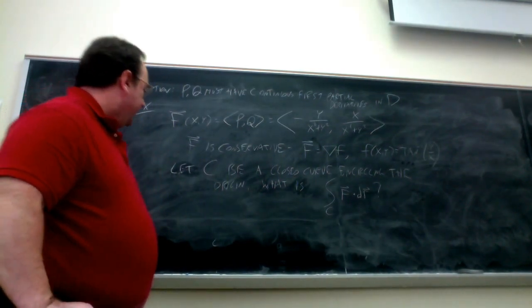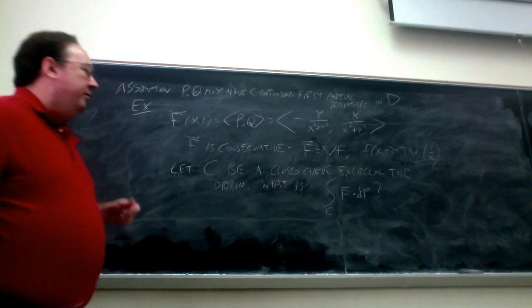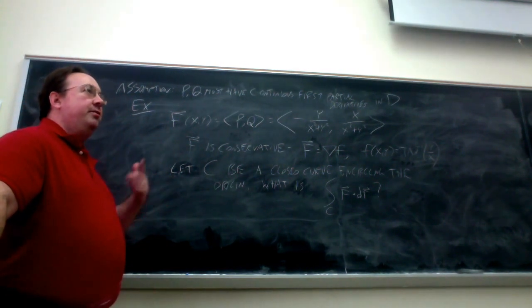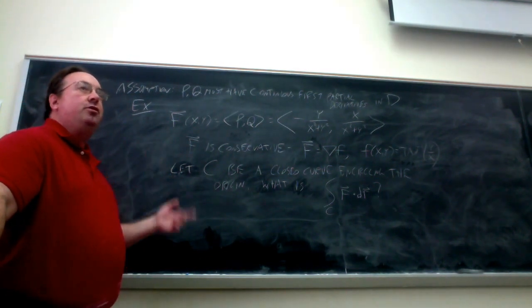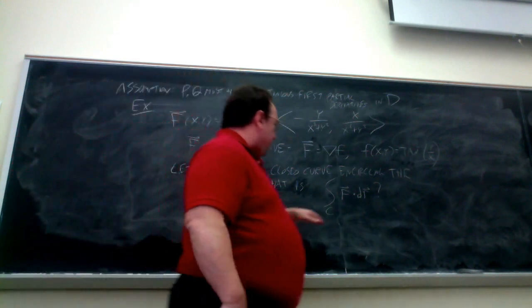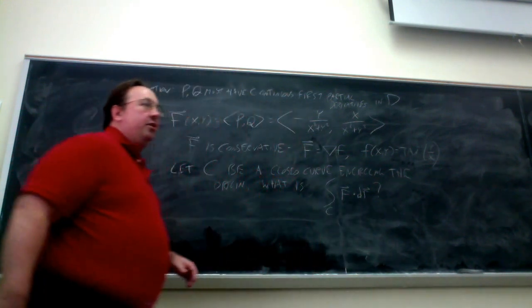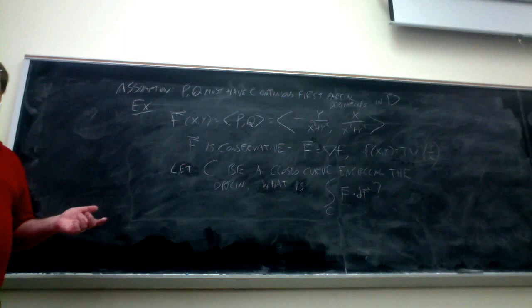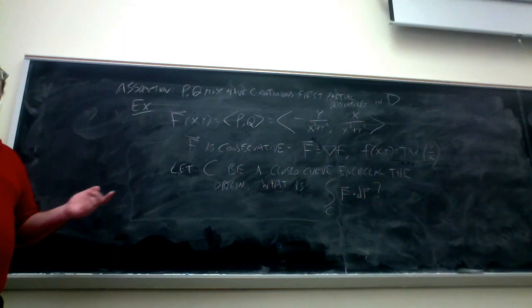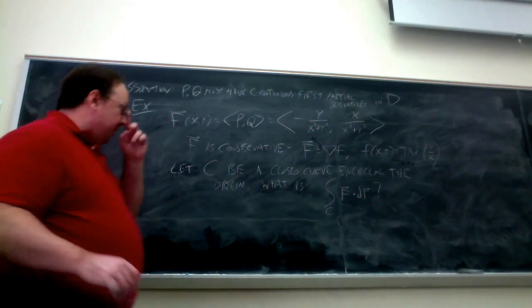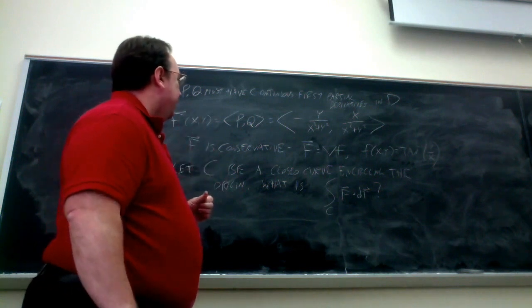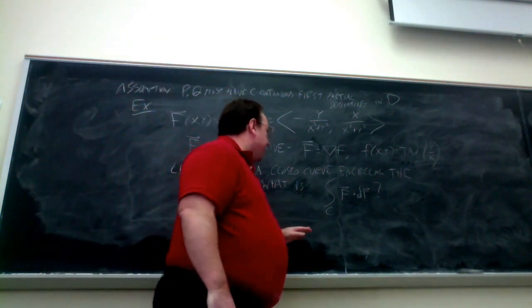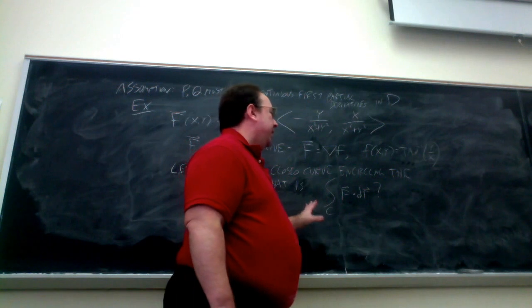Now, I said before, if your vector field is conservative and you have a closed curve, then this line integral of a work would end up being 0. So I think, well, there's nothing to do here. But it turns out that we can't just go ahead and do that here.